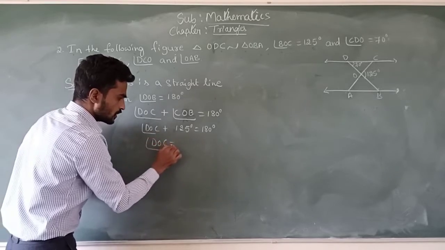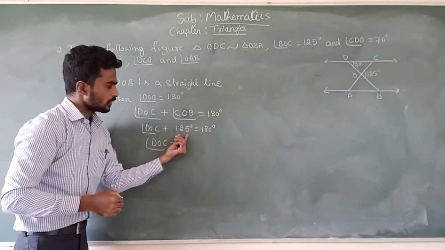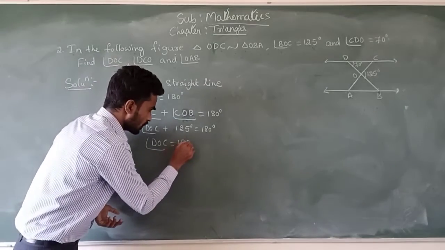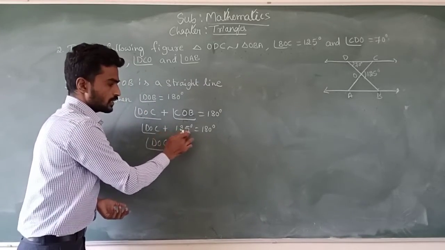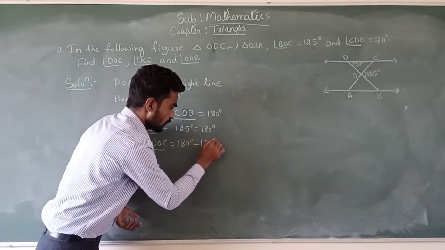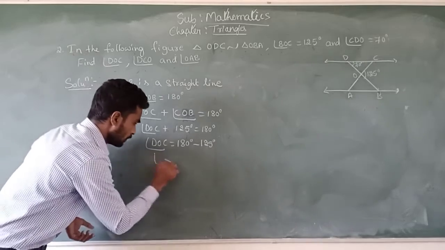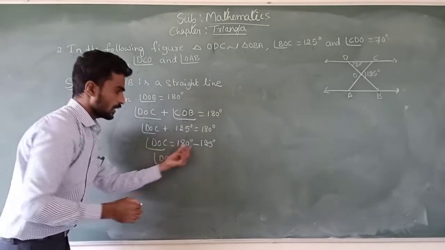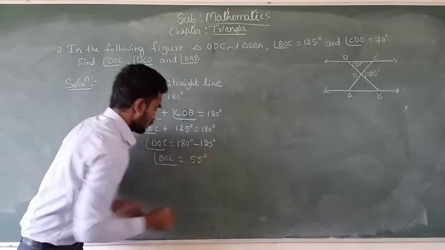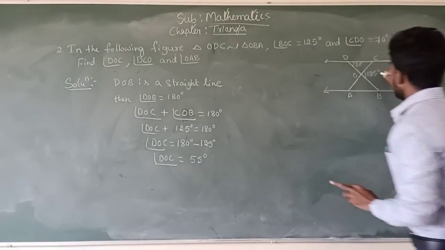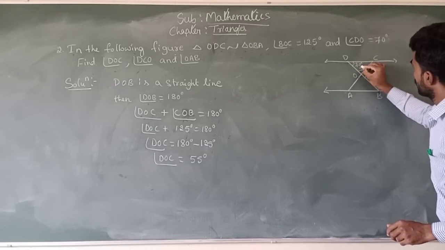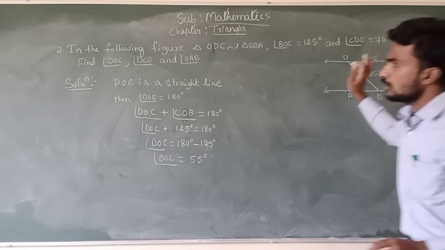Angle DOC is equal to, take 125 degree to the right side, that becomes minus 125 degree. Then angle DOC is equal to 180 minus 125, which is 55 degree. Now angle DOC is 55 degree. One angle over.